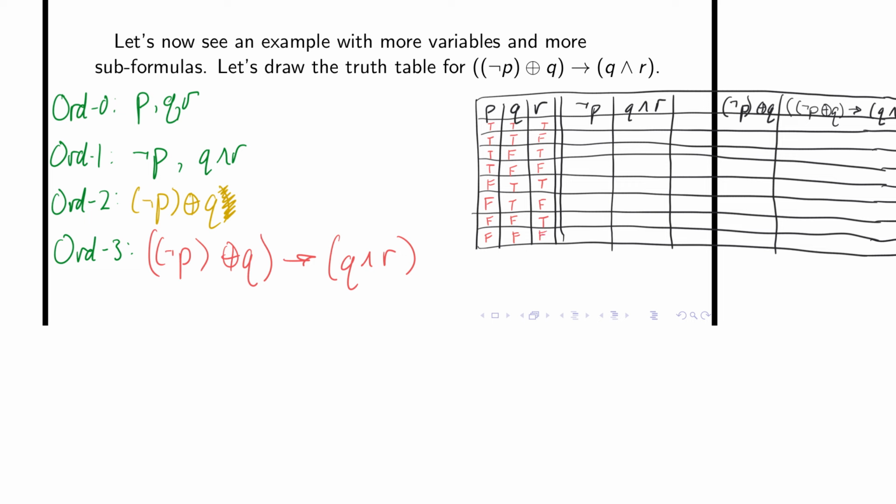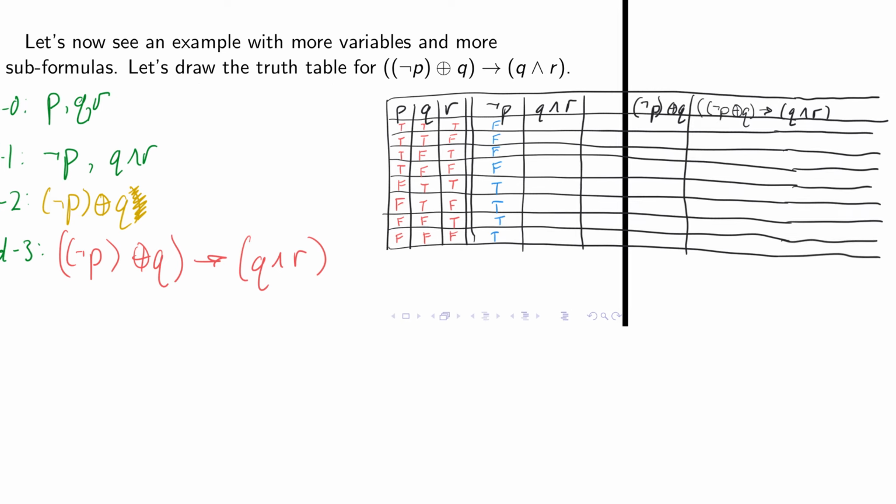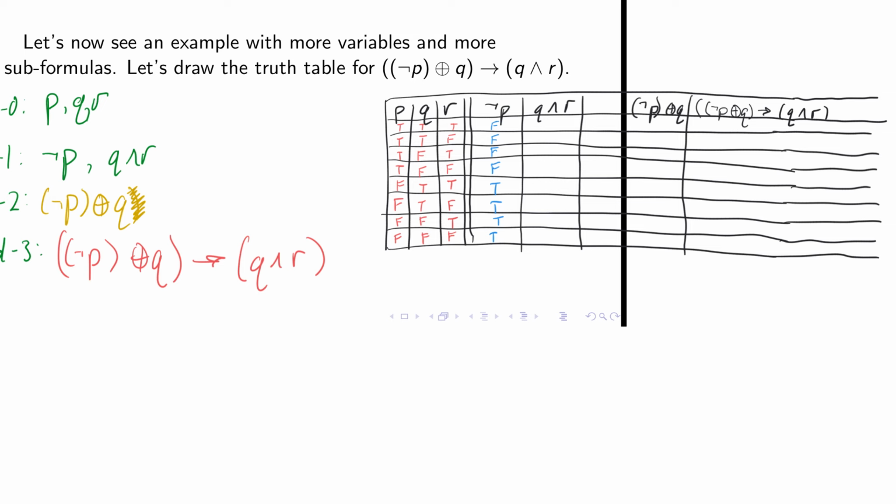Now we want to compute the negation. We've actually already computed that, so I should not waste time talking that out too much. False in the first 4 rows, true in the others. Okay, Q and R, so this is a conjunction. Let's apply the conjunction rules.